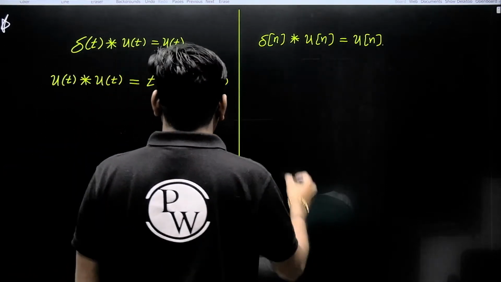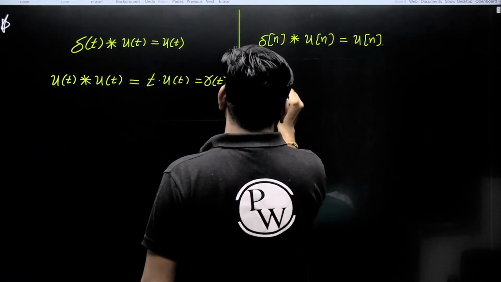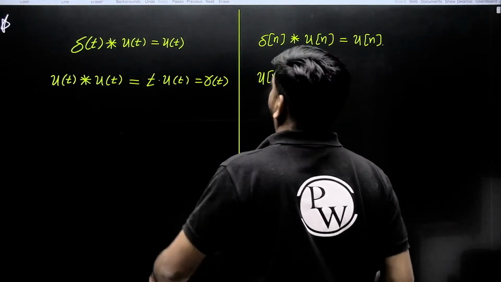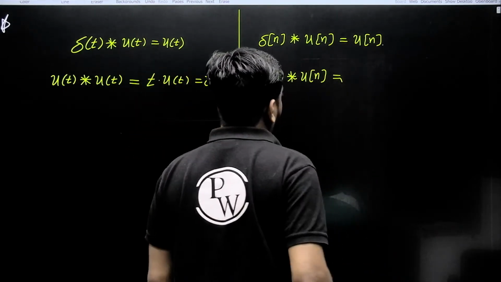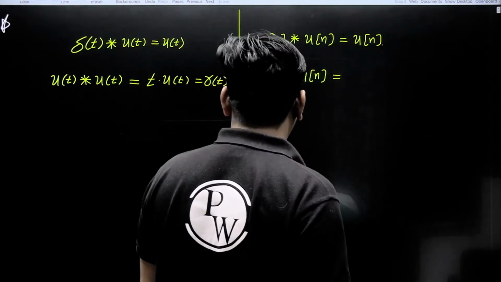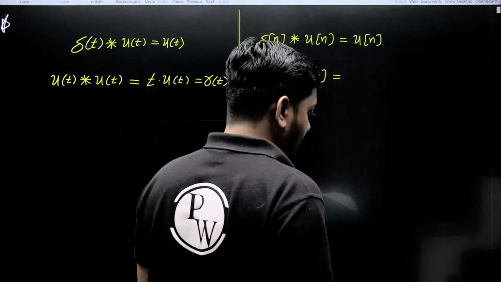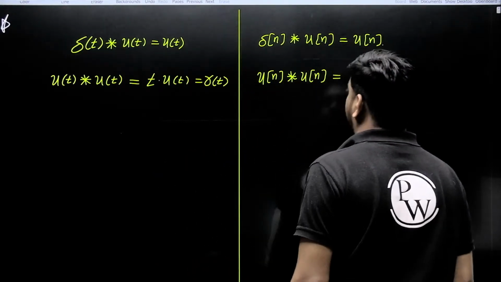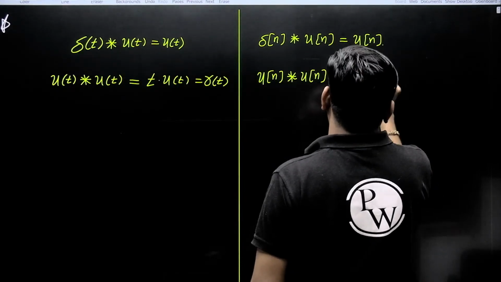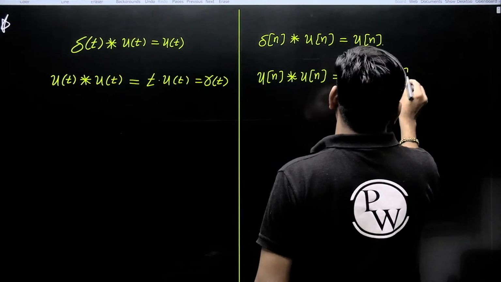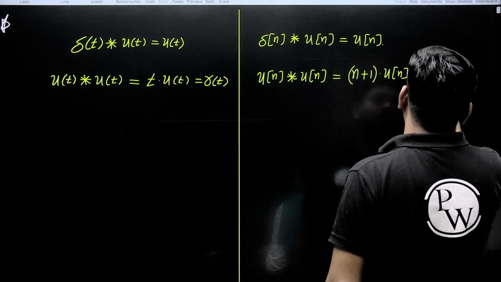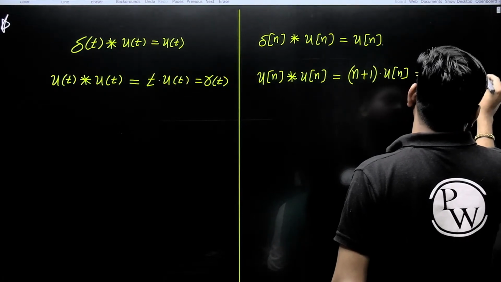But here u of n convolution with u of n is nothing but n plus 1 into u of n, so this is t into u of t. So here it is n plus 1 into u of n, nothing but r of n plus u of n.